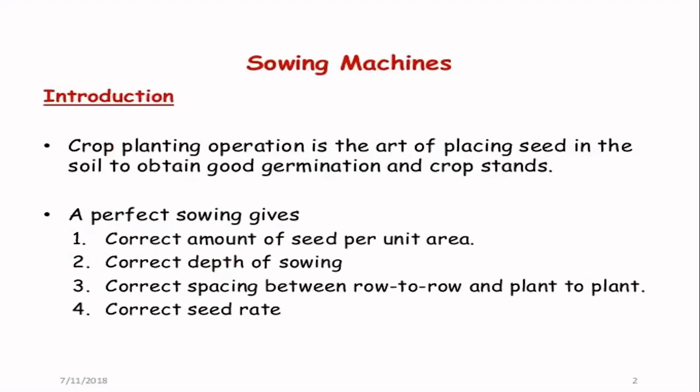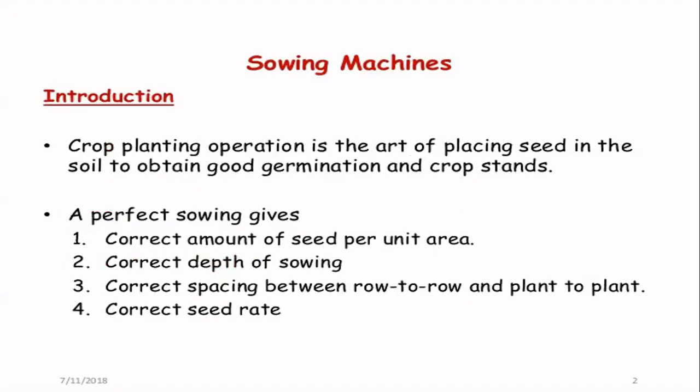Sowing machine is also the same as seeding, right? Introduction: crop planting operation is the art of placing seed. Crop planting or crop establishment, everything has the same meaning. Crop establishment is the art of placing seed in the soil to obtain good germination and crop stands.